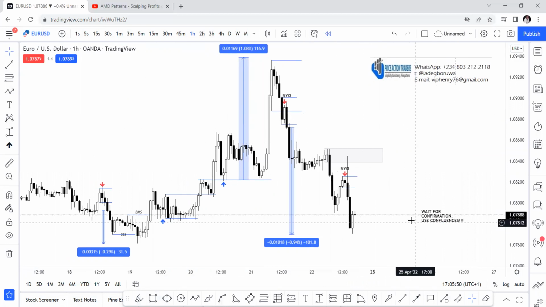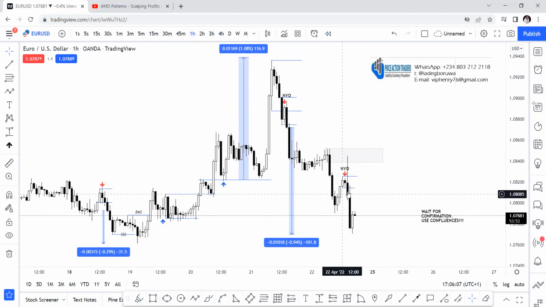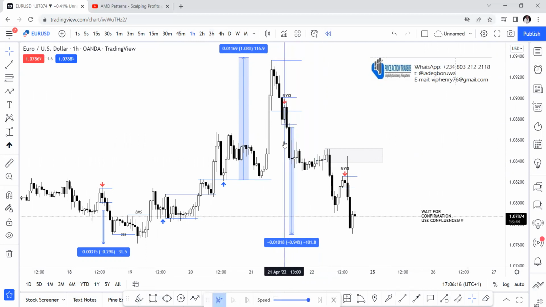Firstly, we got the time zone as 13:00 GMT for New York, then 9:00 for London. So presently, on Euro USD, for example, this is the last one, yesterday.